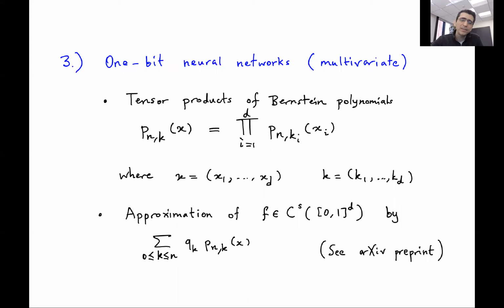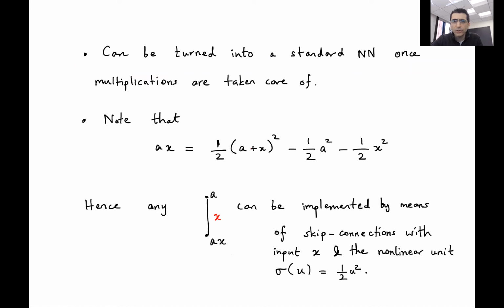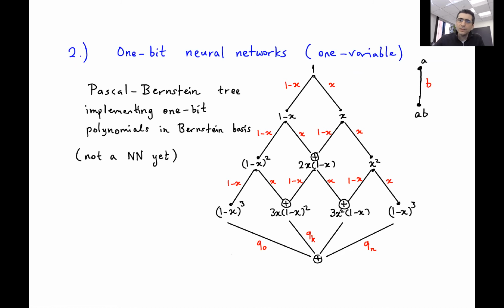And the approximability is, there's a lot of room for improvement. One thing else that I should say, going back to the one variable case where things are a little bit easier to understand. So the whole upper layer of the network is actually fixed, because everything that is done here is to compute the Bernstein basis in an efficient way.